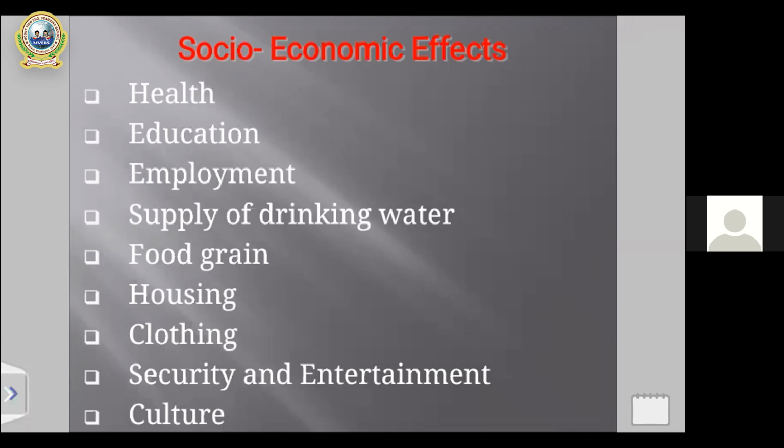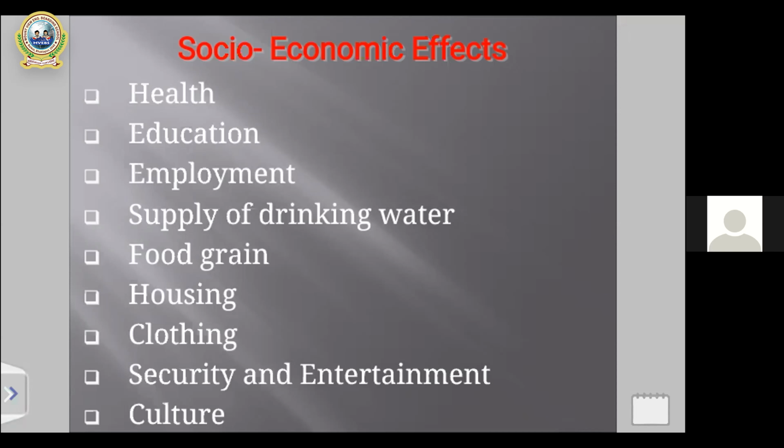Okay, and after then, my dear students, you can see the next one, effects of rapid population growth: security and entertainment, right? Okay, for the security and entertainment, Mr. Bhaskar, are you listening to me? Yes, sir. Okay, Mr. Bhaskar, we just discussed and shared our opinion about the clothes.